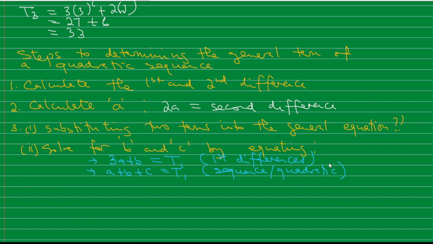I'm just trying to summarize here. So if you are going to solve for B and C, there are 2 ways. You can substitute 2 terms into the general equation and solve simultaneously, or you can use what I'm explaining here, which is what I've just been illustrating in the earlier example.